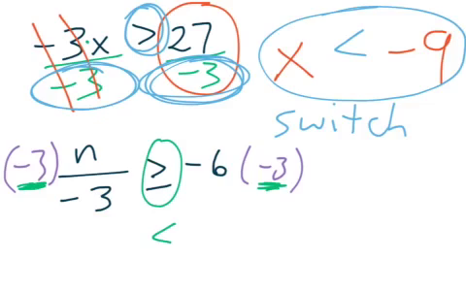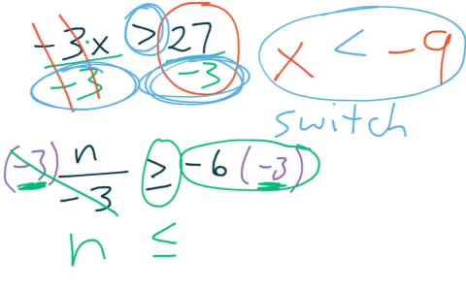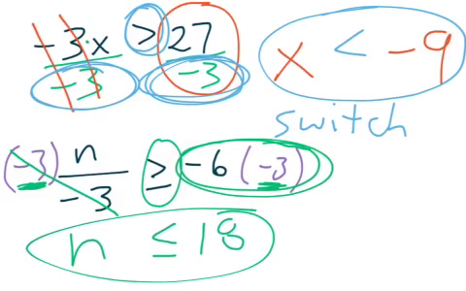That's right, it's going to switch. So finishing up the problem, negative 3 divided by negative 3 is 1n. Negative 3 times negative 6 over here is positive 18. Notice my answer is positive. That has nothing to do with why that switched. Okay? Why did we switch?